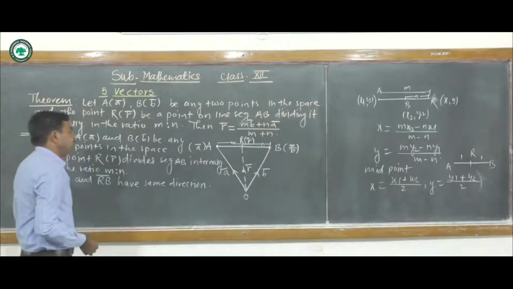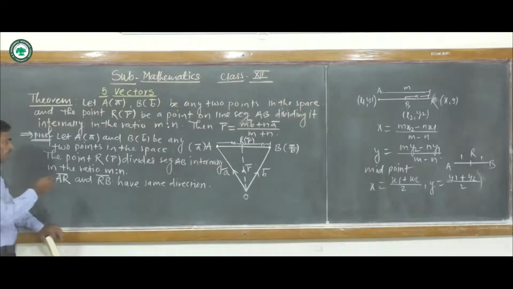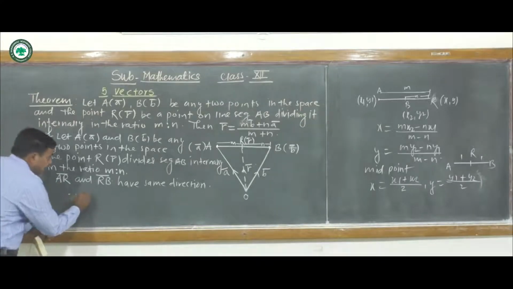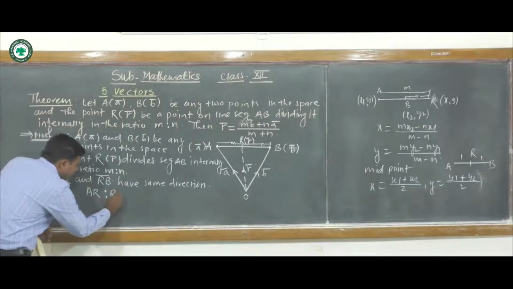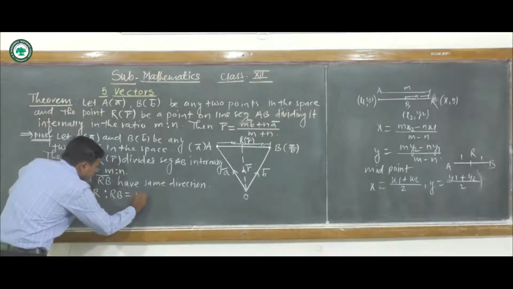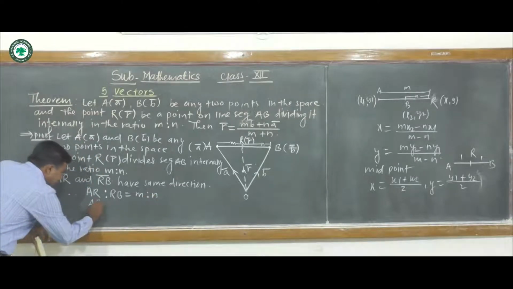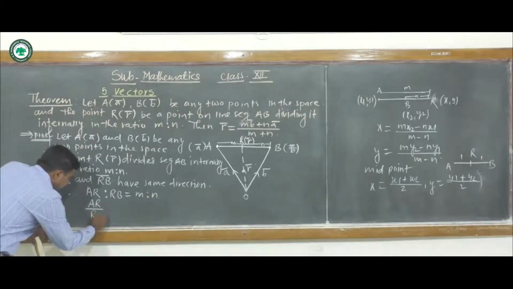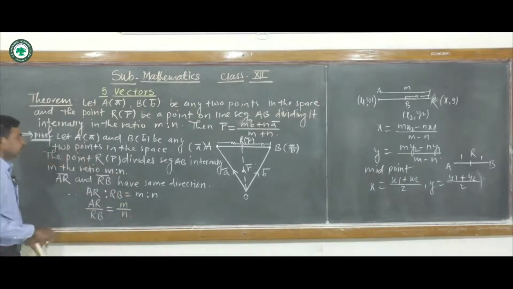So both vectors have the same direction, as well as point R divides the segment AB internally in the ratio m/n. So therefore AR to RB is m/n. So therefore AR upon RB is equal to m divided by n.